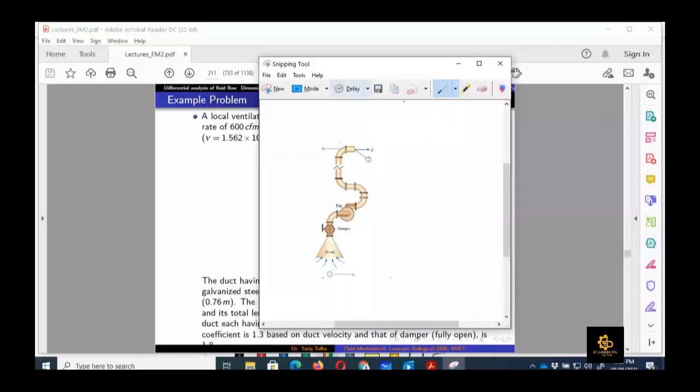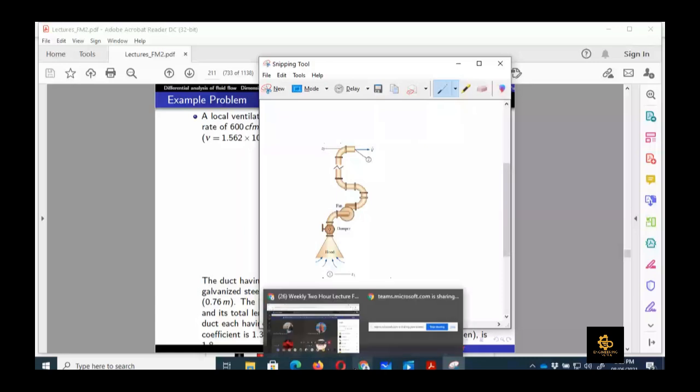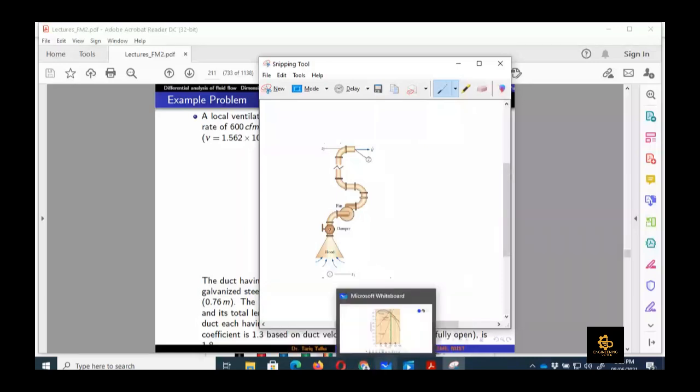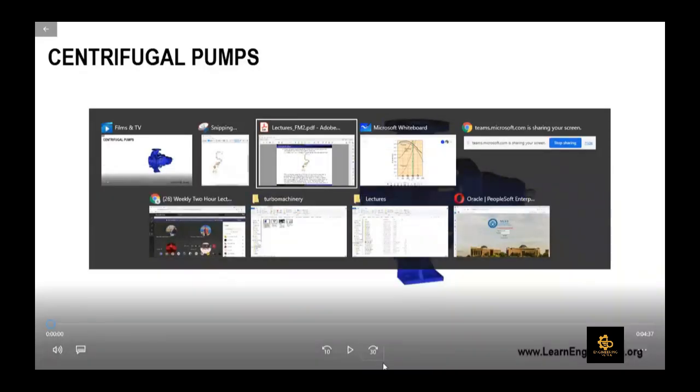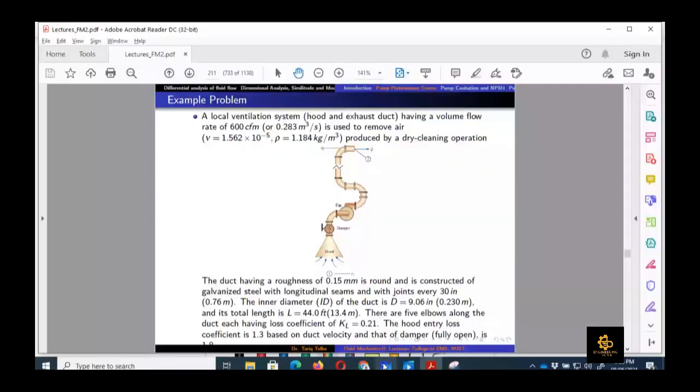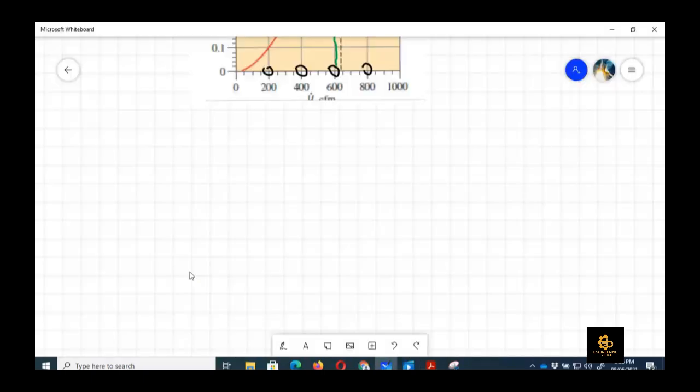At the moment we are following Singer's book, which is example number 14-1 in that book by Singer and Imbala. So this is the assembly we are talking about.